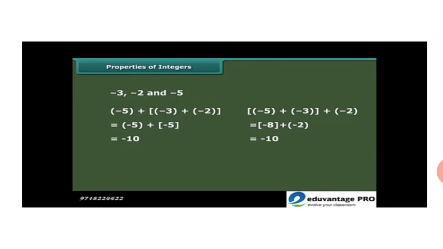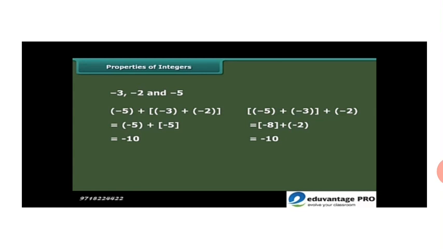The square bracket represents minus 5 plus minus 3, which forms one bracket, then plus 2, that is minus 2. So minus 5 plus minus 3: I already told you that minus minus exists in addition format, meaning you add the numbers and keep the sign as such.